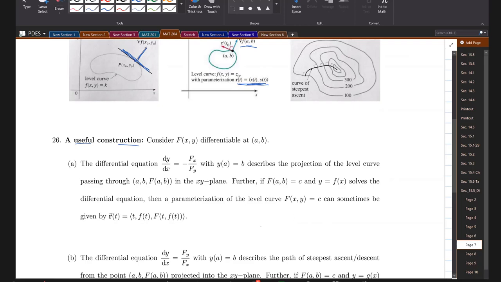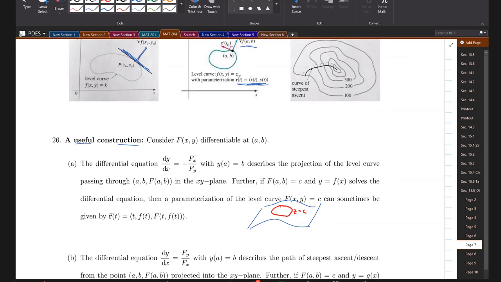So we've got some surface, and on that surface, maybe I've got this level curve here where all the z values are constant on that surface. If I want to think about projecting that back down onto the xy plane, that would be this curve down here. Okay. So this curve down here is going to satisfy what's called a differential equation.